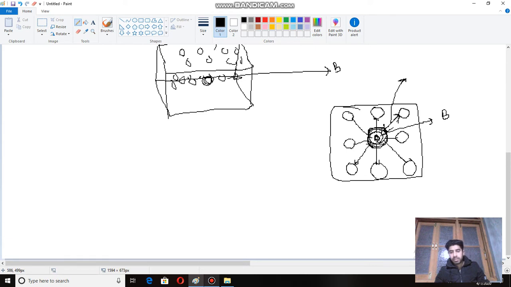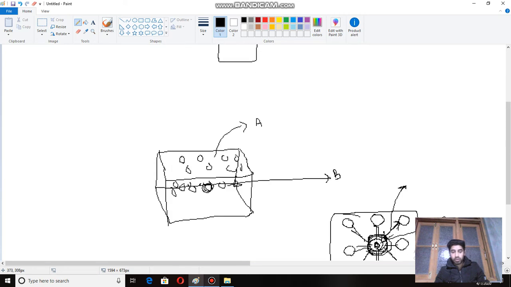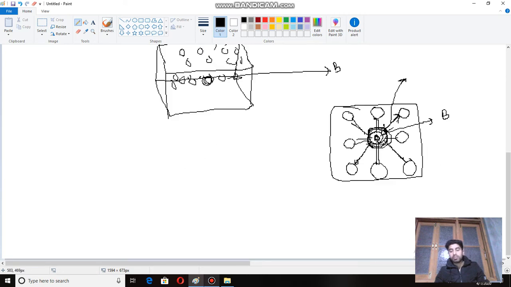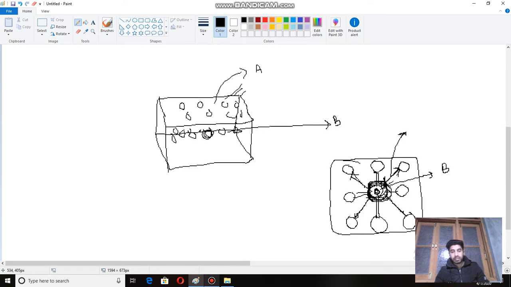These are actually the bonds between the constituent atoms of this solid block. So as you know, the attraction reduces the amount of energy. So this B molecule will have less energy as compared to this A molecule present on the surface.